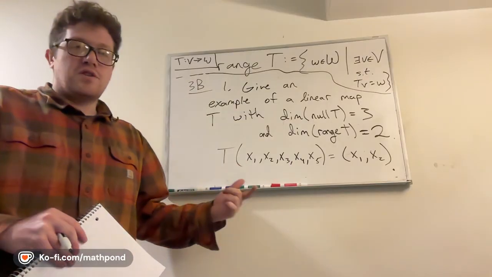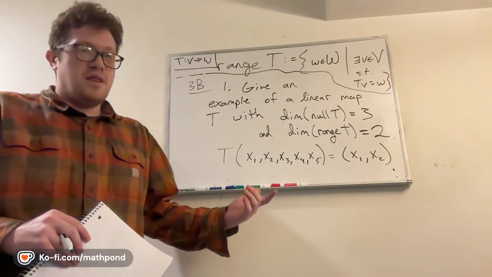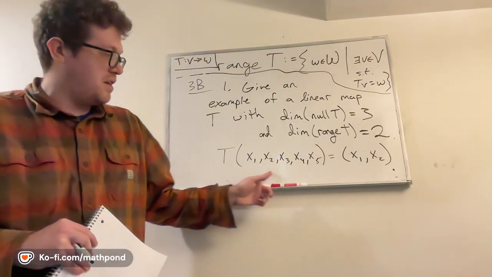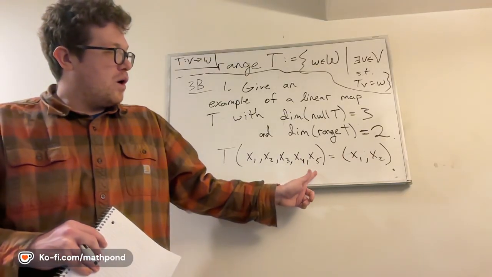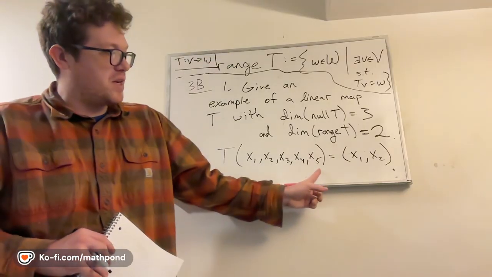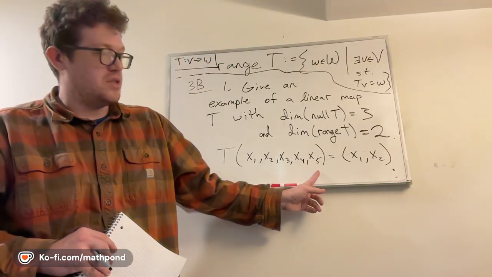Let's go through this again real quick in the terminology that I was just using. We can look at the standard basis here, and which of the standard basis vectors goes to 0, and which goes to something that's not 0.